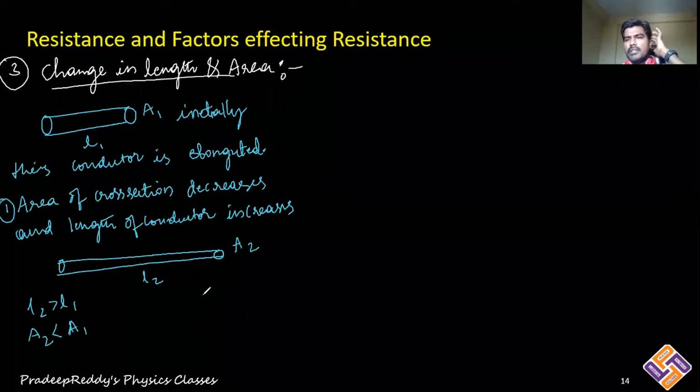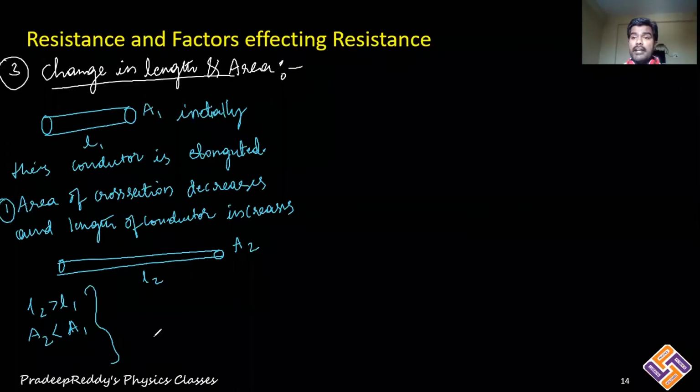Okay, so both length as well as area of cross section are changing here, but what is the factor which remained constant? In this case, you are taking the same material and you heat that material such that it melts, and after that you elongate it up to a maximum length L2, and as a result its area of cross section would decrease.